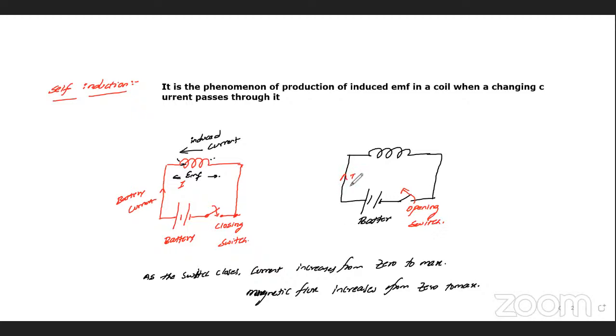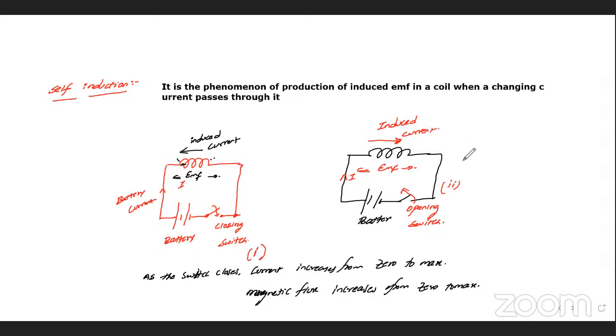There is a current. Because of the flux and because of the change in current, what will happen? Flux is induced, and because of the flux induced, there is an EMF. Because of the EMF, current flows, and that current will be your induced current. So the current flowing here, the induced current, will be in the opposite direction to the earlier case, and in the same direction as the current. It is your induced current. Remember, this is your first case and this is your second case.